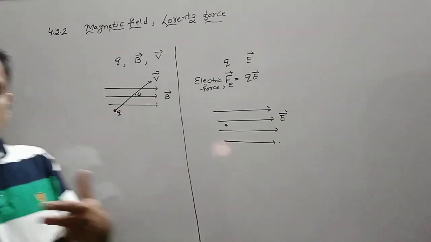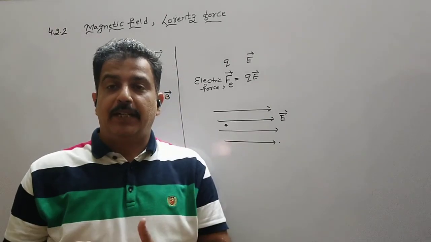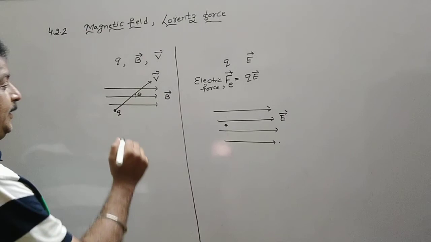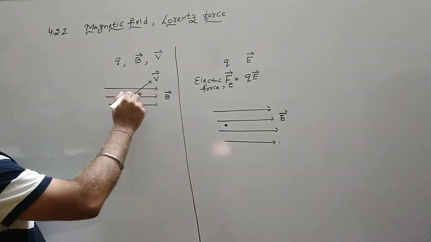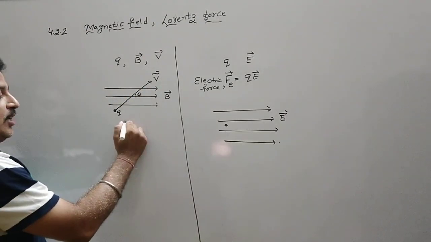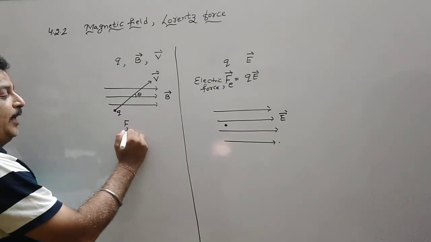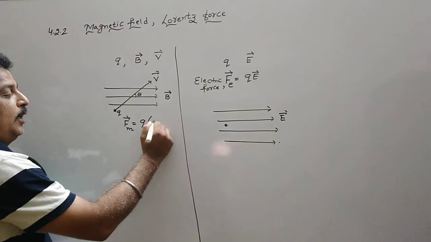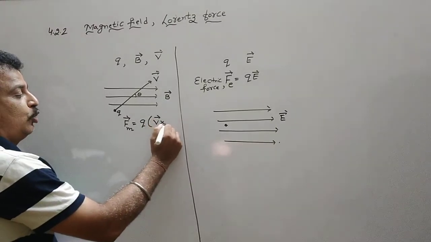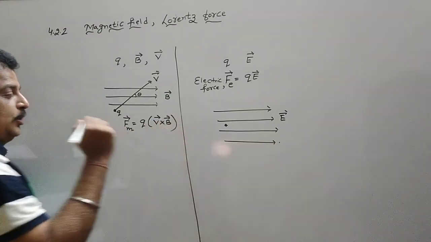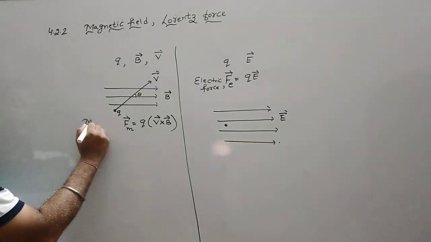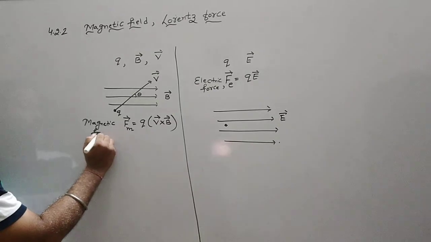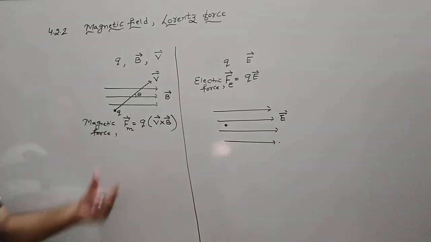Now according to Ampere, experimentally he found, the experiment we will see later on, that the force acting on this charged particle, the magnetic force, is given by the formula Q V cross B. So this is the magnetic force acting on any charge moving in a magnetic field.